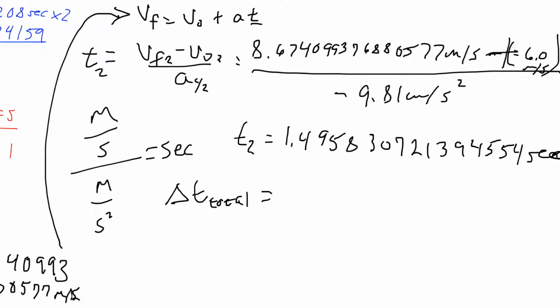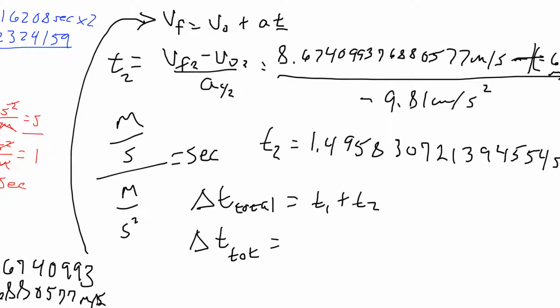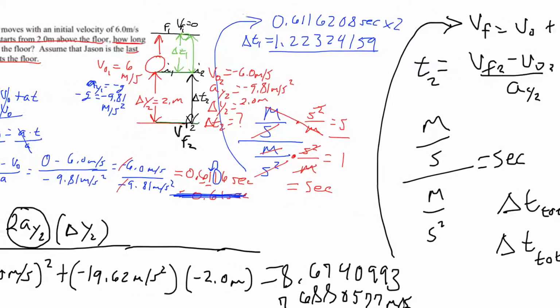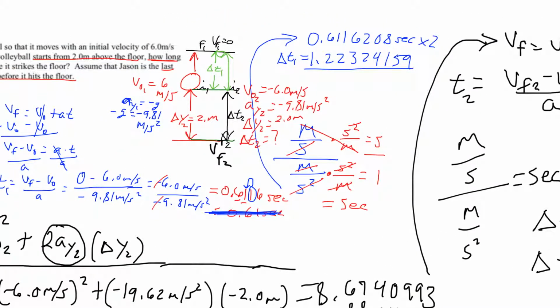They wanted the total time, so we know that the total time is going to be equal to each of our individual times added to each other. We're going to add this number that we just got to this number up here that we got.